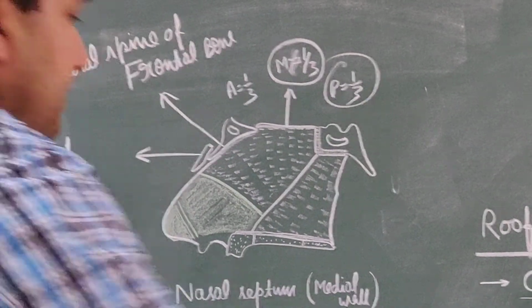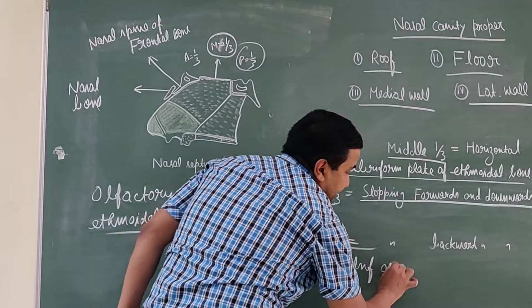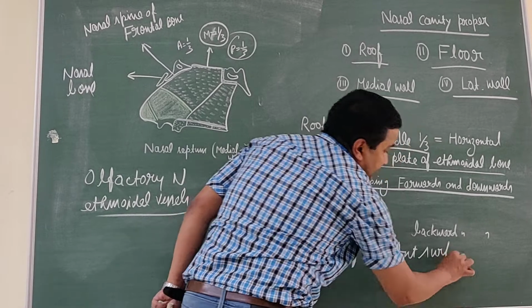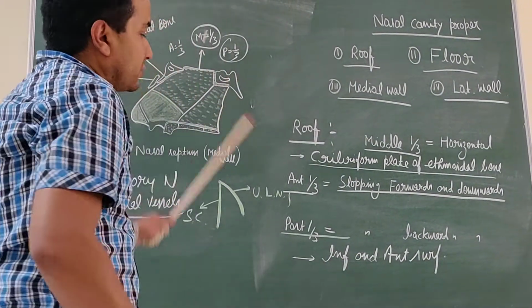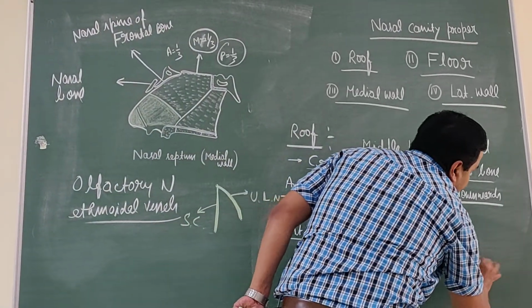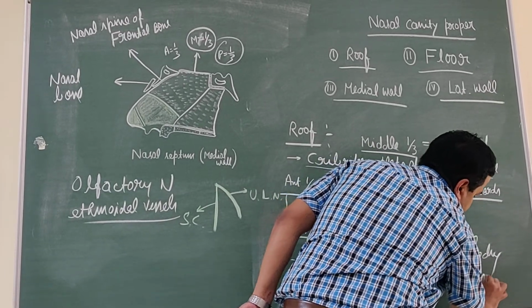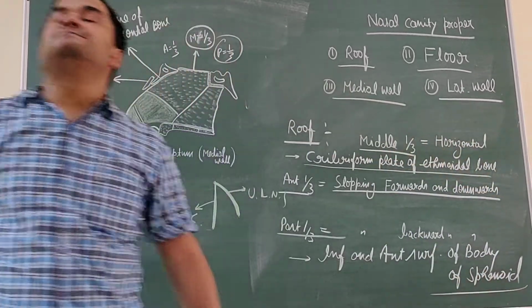It is formed by the inferior and anterior surface of the sphenoidal bone, that is, the body of the sphenoid.